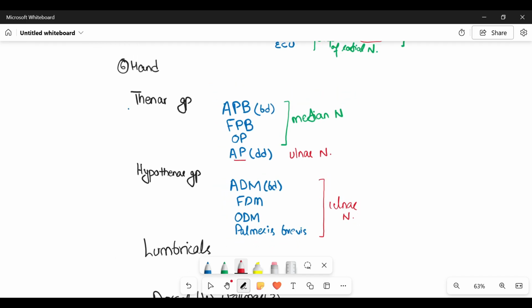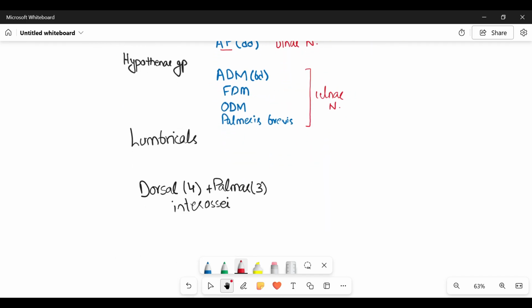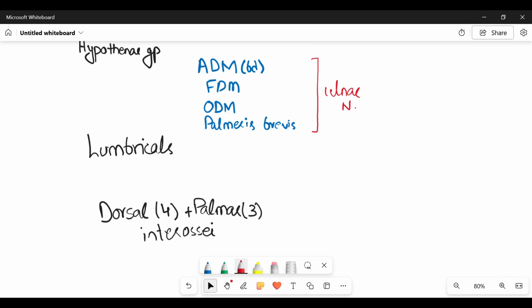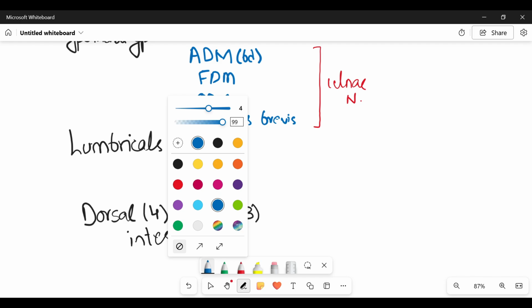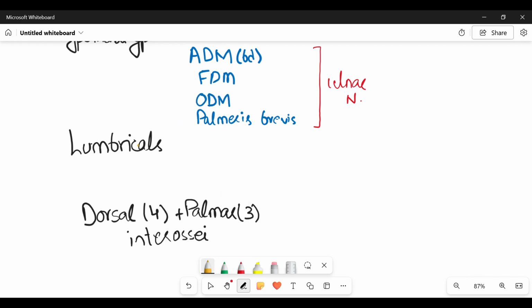Among the lumbricals, the first and second, or the lateral two lumbricals, are supplied by the median, and the third and fourth, or the medial lumbricals, are supplied by the ulnar. We have four dorsal interossei and three palmar interossei. All these are supplied by the ulnar nerve.